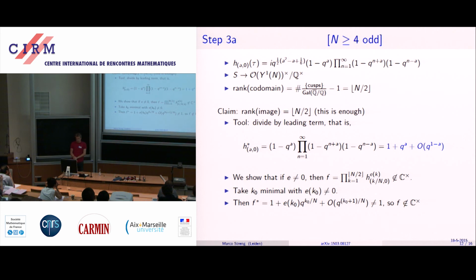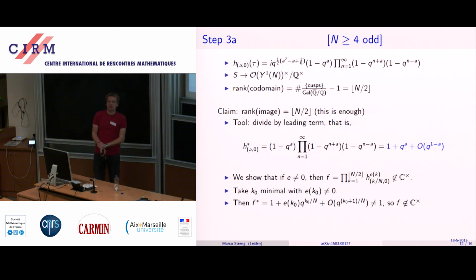So the dominant thing there, when you take the product of all of that, is you get 1 plus e of k0 times q to the power k0 over n. That's how it starts. And of course, since e of k0 is non-zero, this is not going to be 1, so f is not going to be constant. Okay, so that is the proof, right?